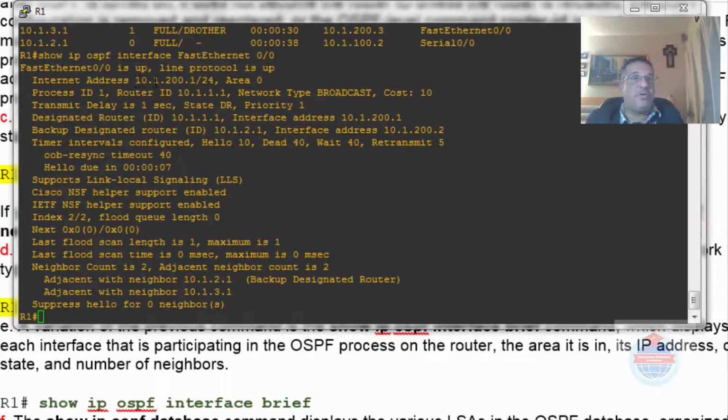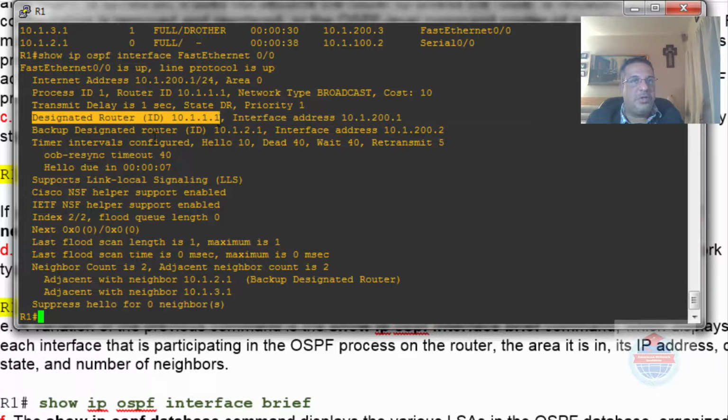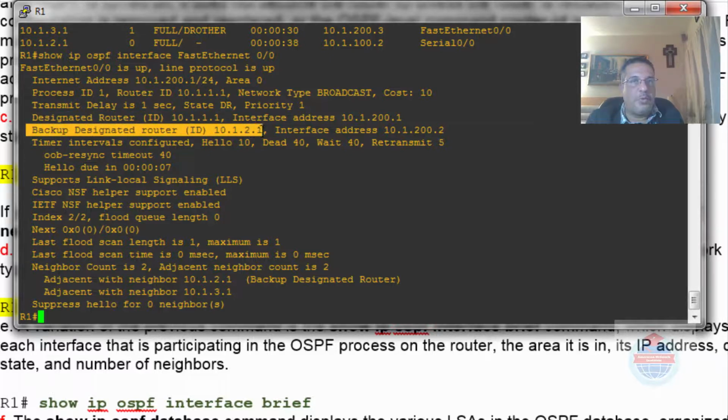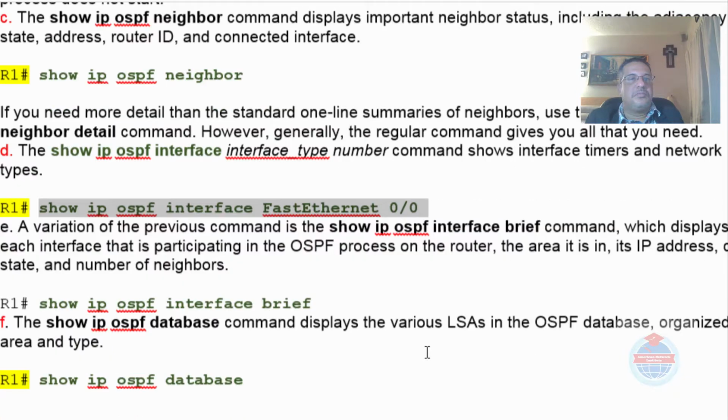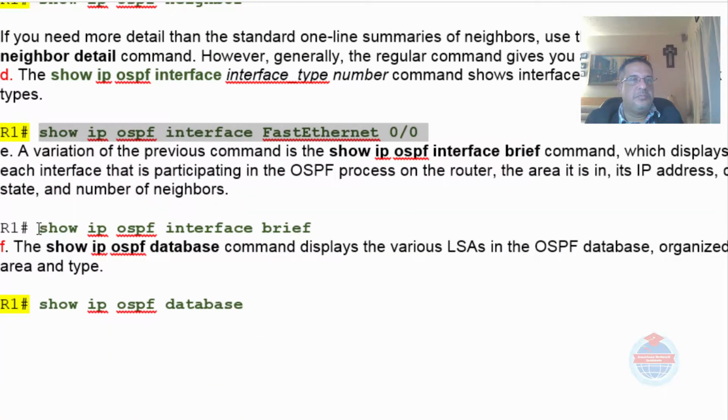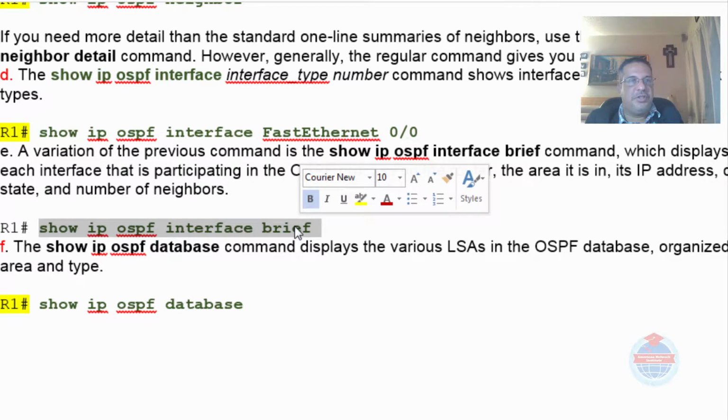The internet address that we are using, the area 0, remember that you are only using one area, the process ID number 1, that is very important for the selection between the DR and the BDR, the router ID, the network type is broadcast, and the cost is 10, and it comes by default. Priority 1, everything. The designated router that we were talking about previously is over here, and the backup router that we were talking about as well is over here. You're going to be checking on this command as well.